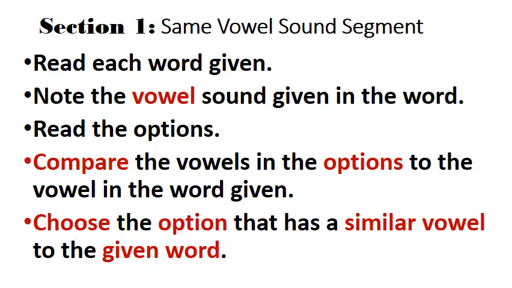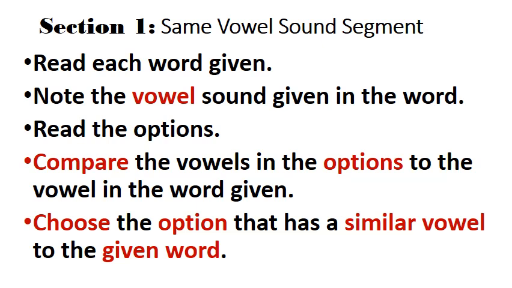Section 1 of this paper is a test of vowel sounds. A candidate is expected to look at the word given and find an option that contains the same vowel as the one that is underlined in the given word.